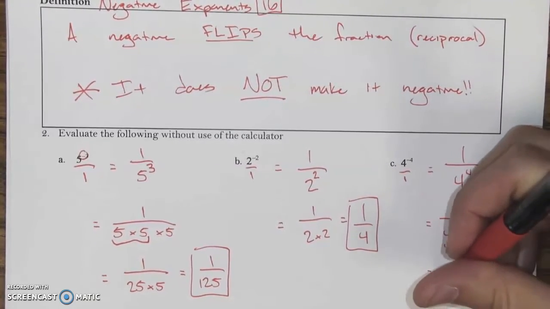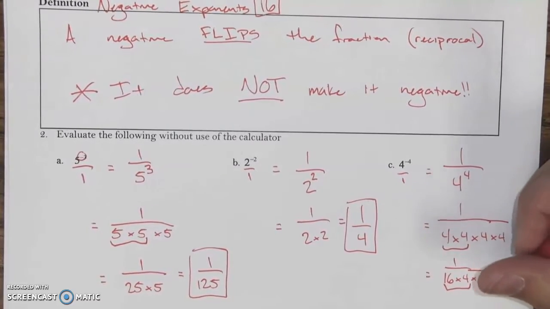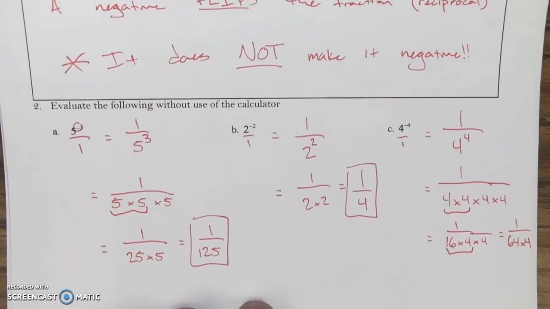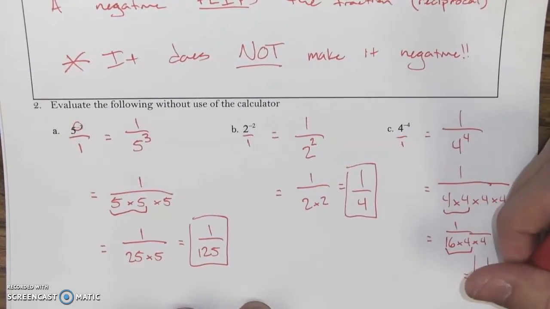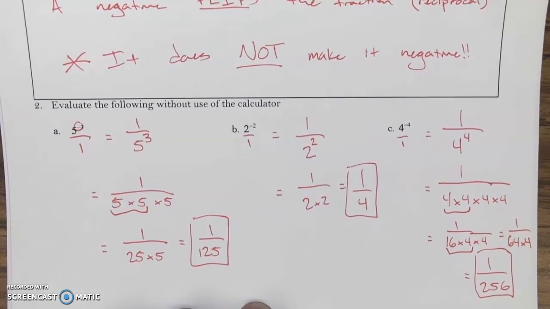And 16 times 4 is 64. And 64 times 4 is 256, which is our solution. Again, you may use a 4-function calculator to evaluate some of these exponents.